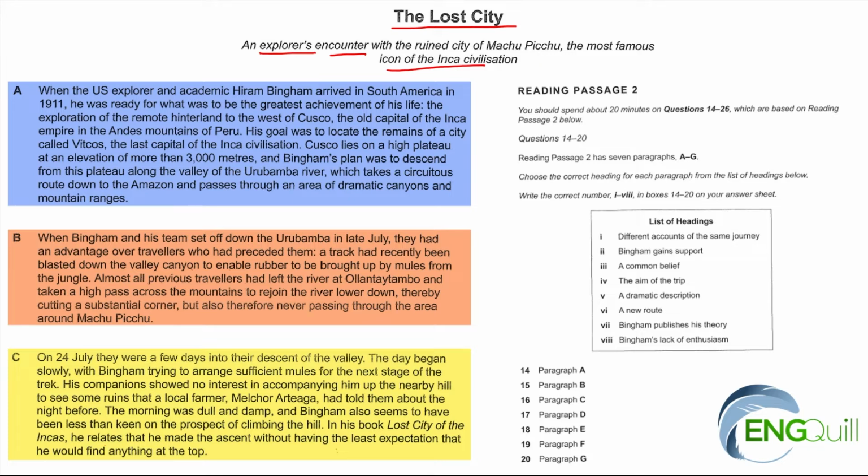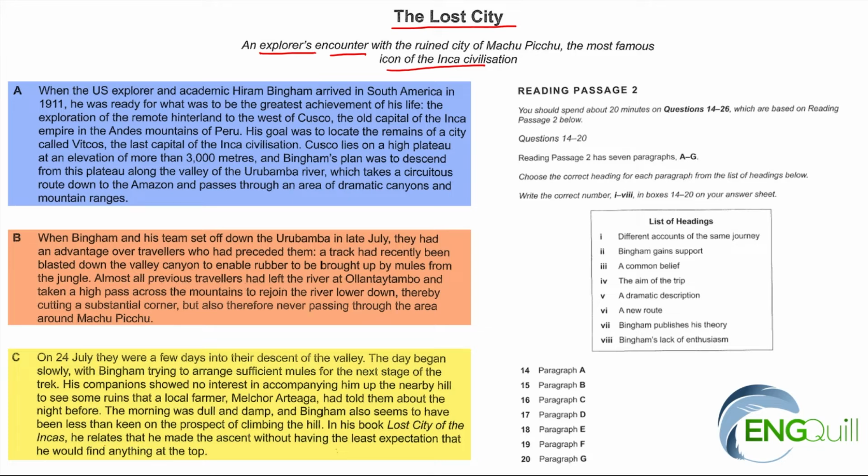So this means that there was an explorer and he kind of wanted to find out this lost city, the Machu Picchu, his experience and information about Machu Picchu, information about how did he go about it. This is going to be my passage.